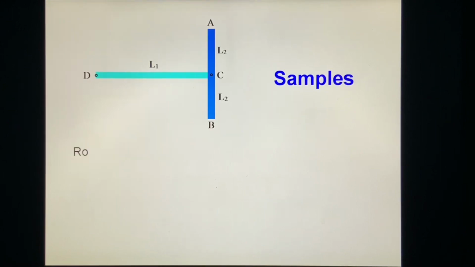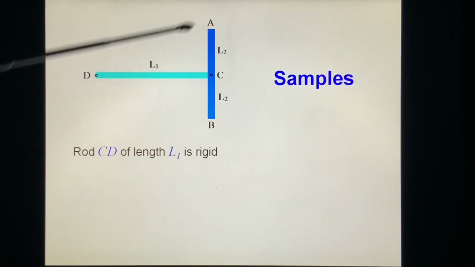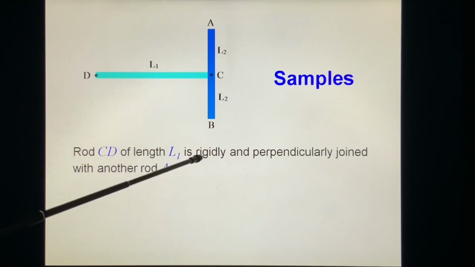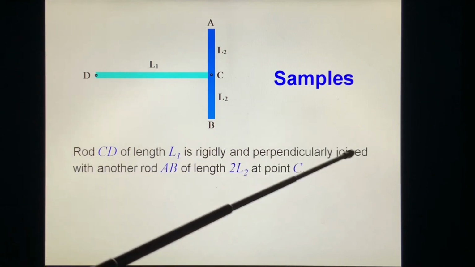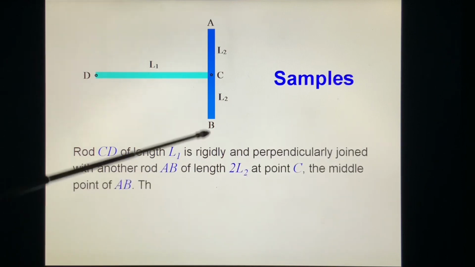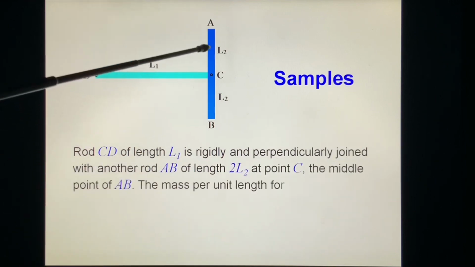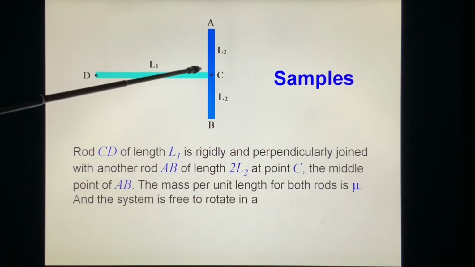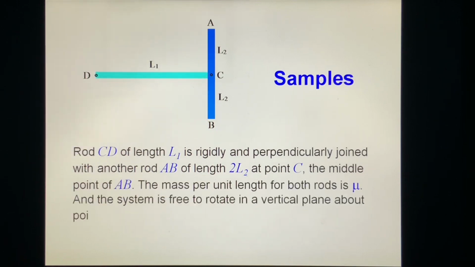Sample. Rod CD of length L1 is rigidly and perpendicularly joined with another rod AB of length 2L2 at point C, the middle point of AB.